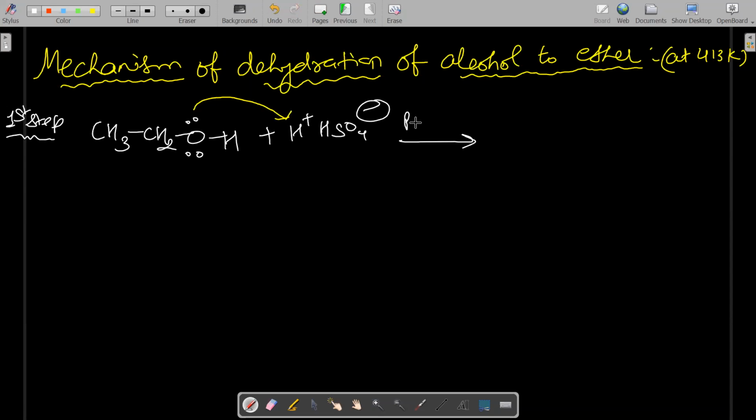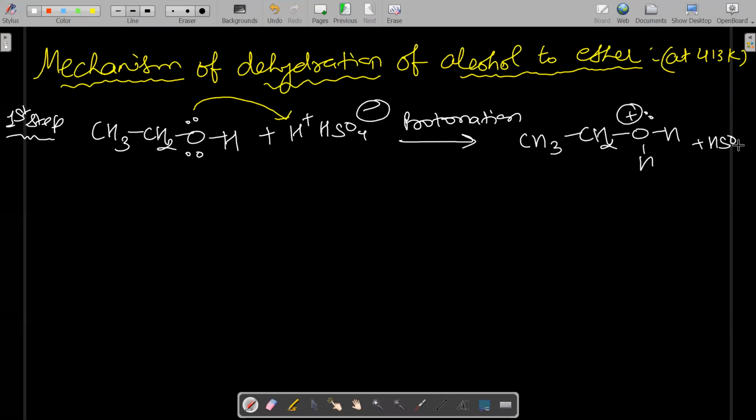It is the same as the mechanism for alkene. So the first step is protonation, in which there is formation of protonated alcohol, same as we have discussed in case of alkene, and the byproduct is HSO4 minus.